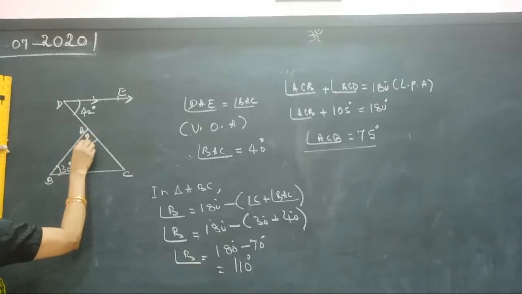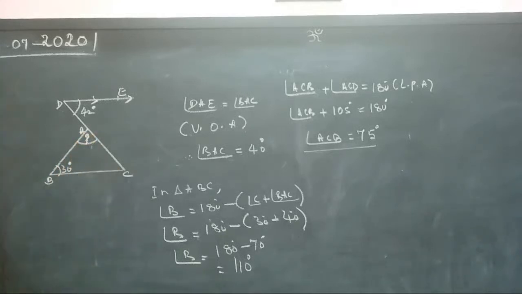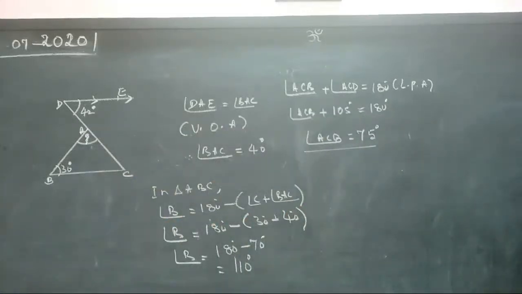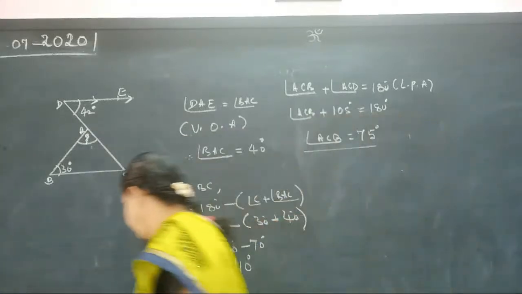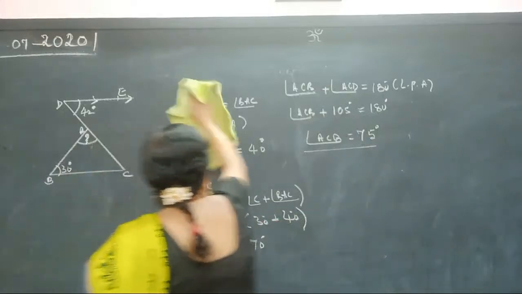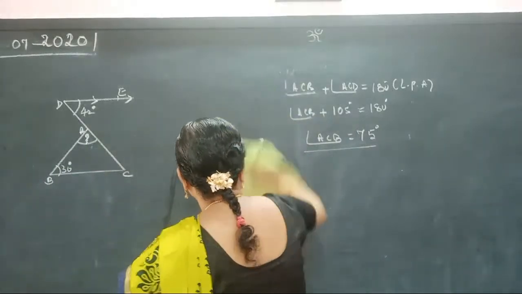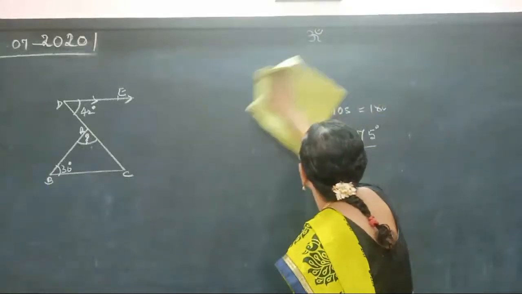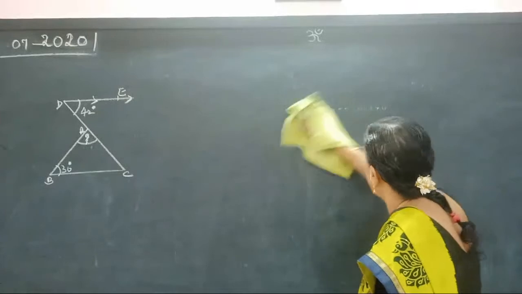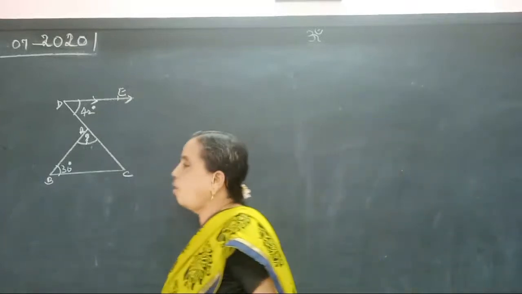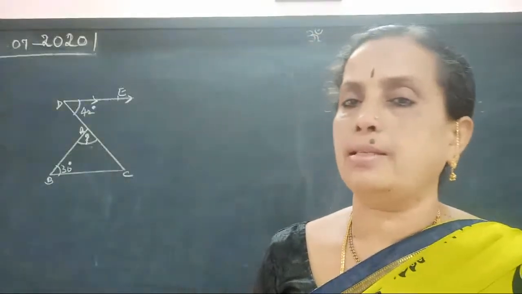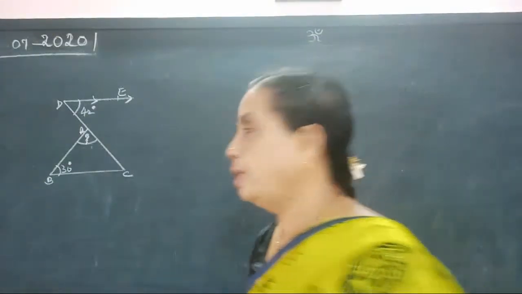You have to find out angle BAC. Get the figure? I give the statement of the question. Here, in the application of parallel lines, see what happens to the angles, as well as the angle sum property.